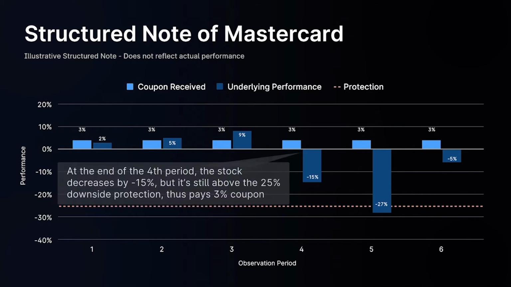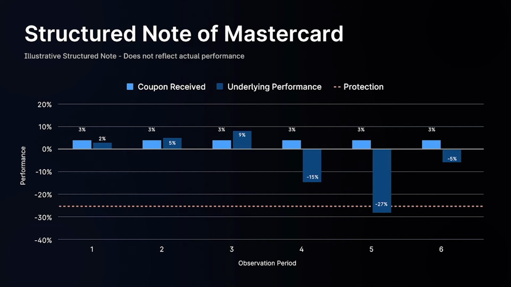Fast forward to the end of observation period 4, we can see that the underlying stock has actually now declined negative 15% from the strike price, but it's still above the downside protection value, so investors would receive their 3% quarterly coupon for the period.